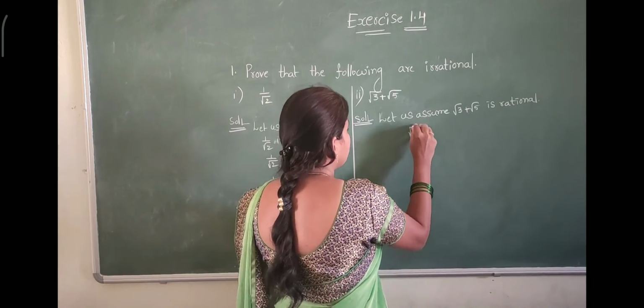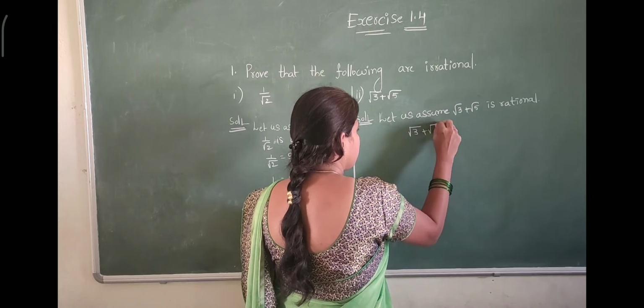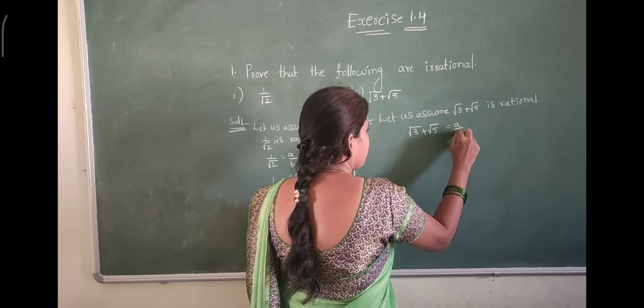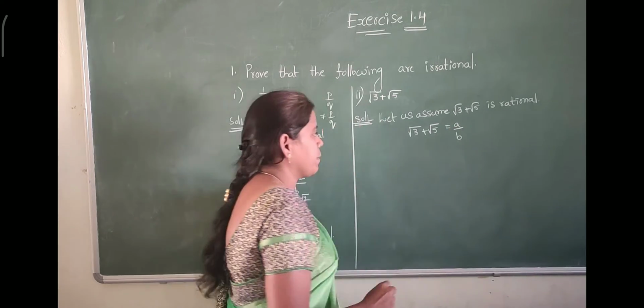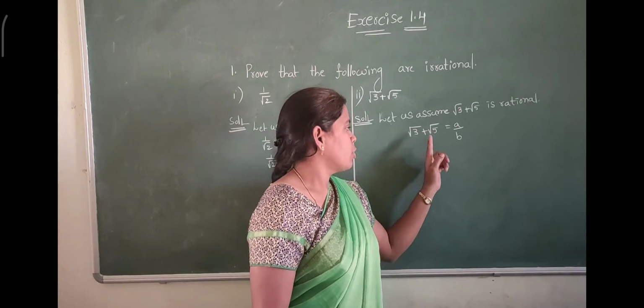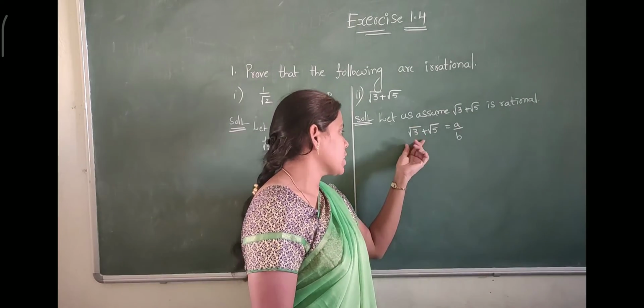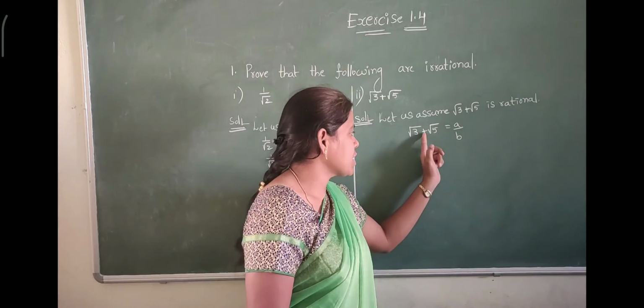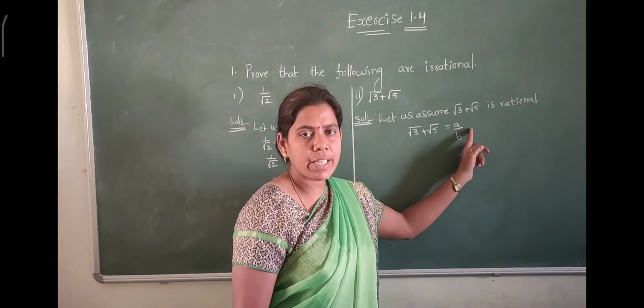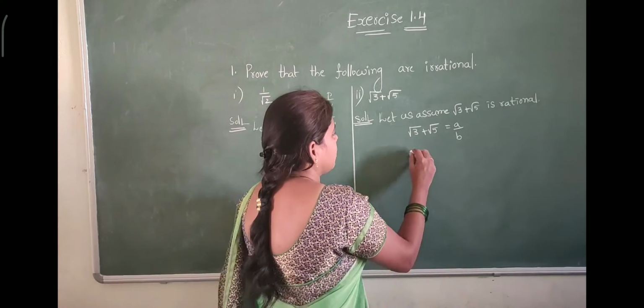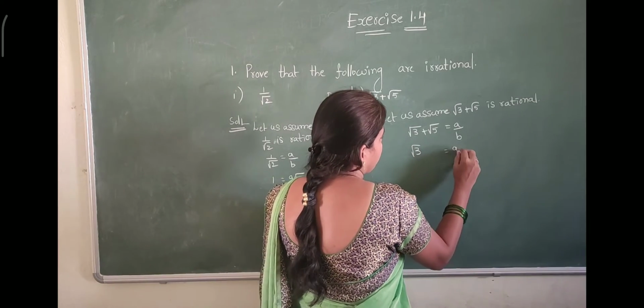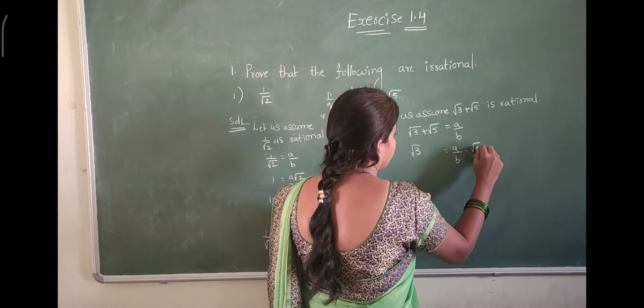So root 3 plus root 5 is equal to a by b. If you transpose root 5 from LHS to RHS, plus root 5 becomes minus root 5. Root 3 is equal to a by b minus root 5.